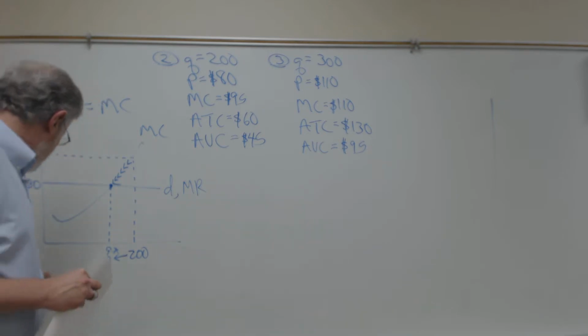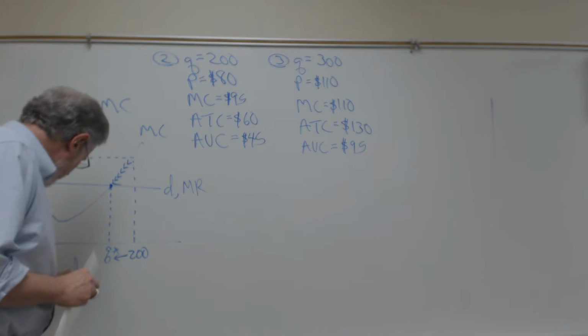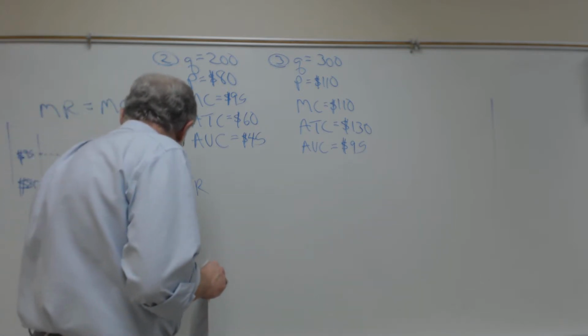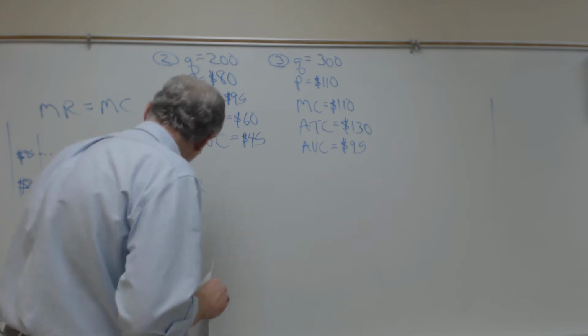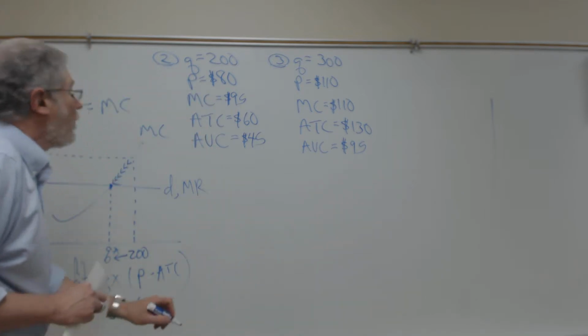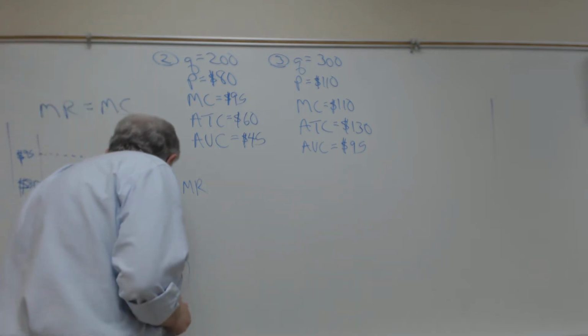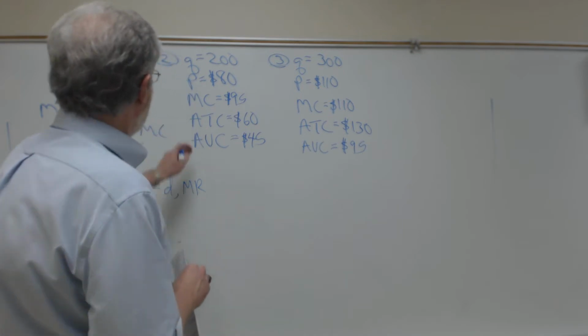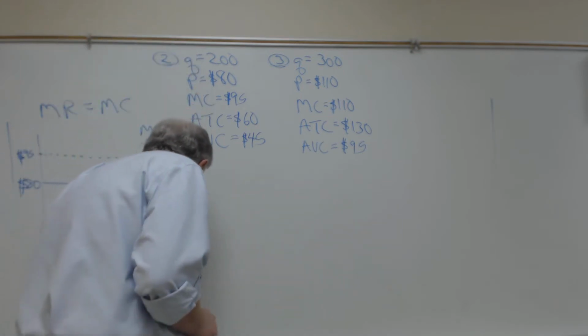B, is it making any profit? Well, again, profit is quantity times price minus ATC. Quantity is 200. Price is 80. Average total cost is 60.